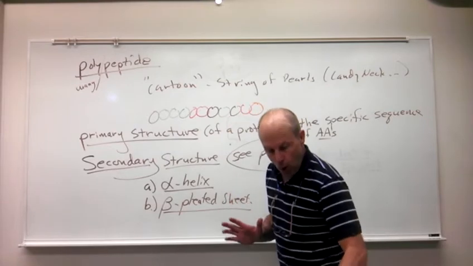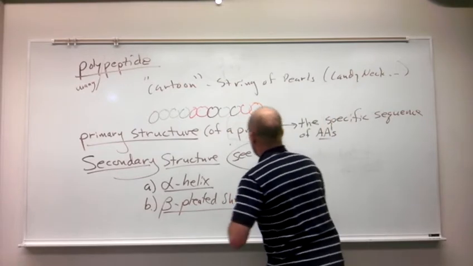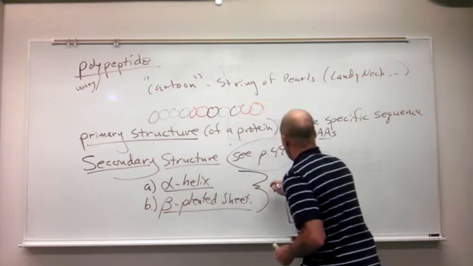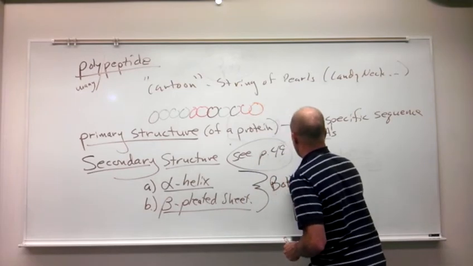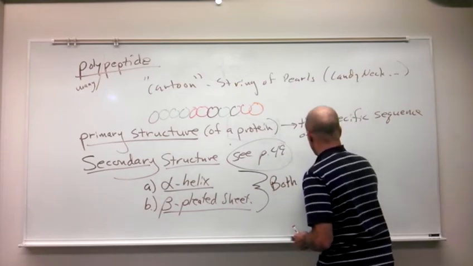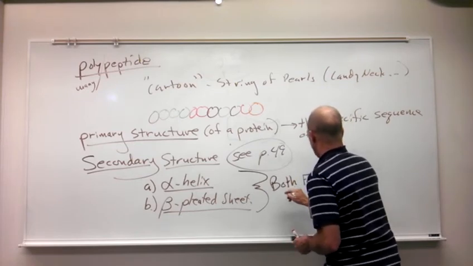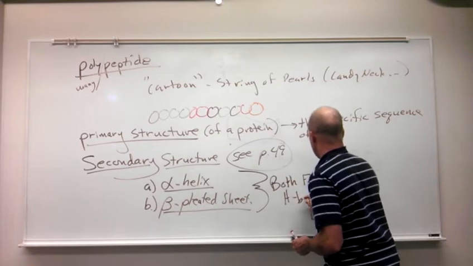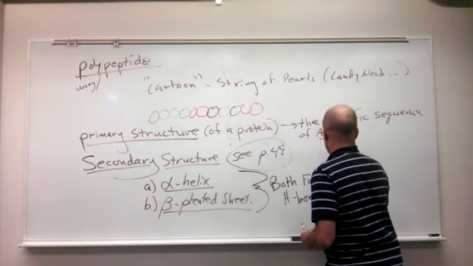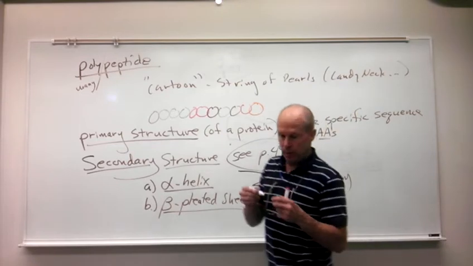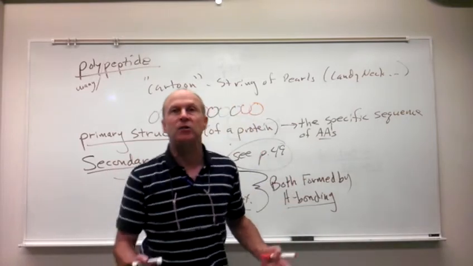The thing about both of these is that both are formed by hydrogen bonding, which I'll just abbreviate H bonding. Of course, this brings me back to that little review. You remember what H bonds are.